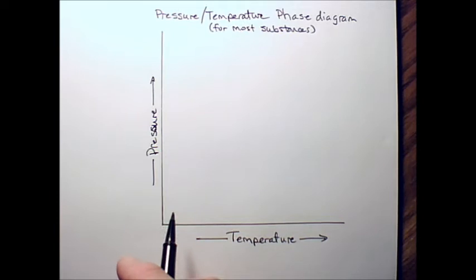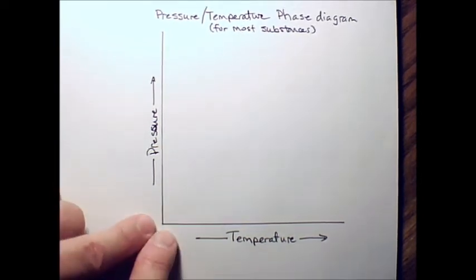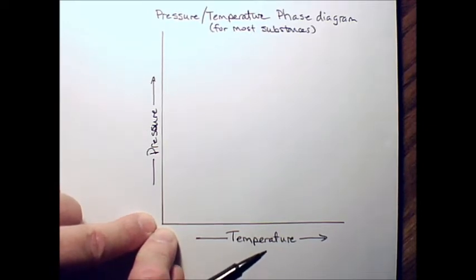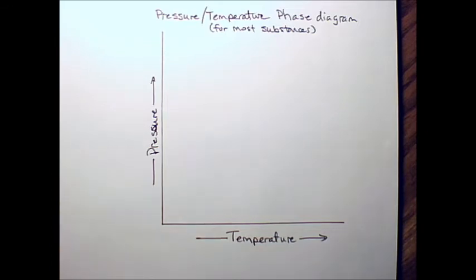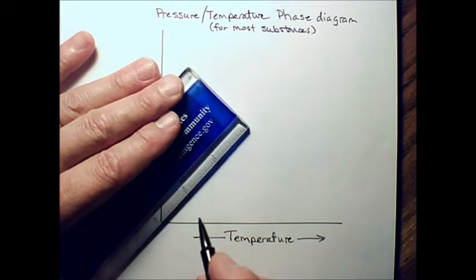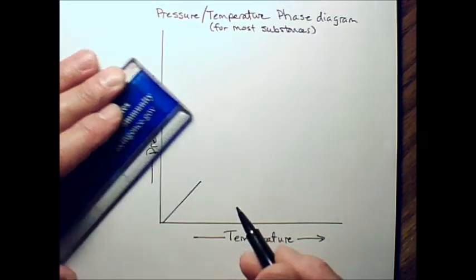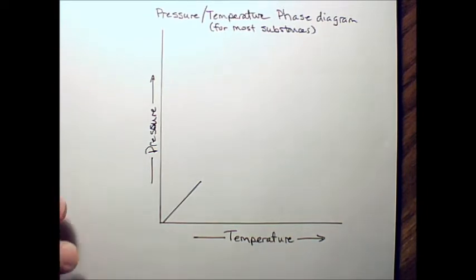So, we take almost any substance, and we have very, very low pressure and low temperatures, low pressures like nearing nothing, no pressure at all, like out in space. And if I am down in this range where I have low pressures and low temperatures, liquids don't exist.